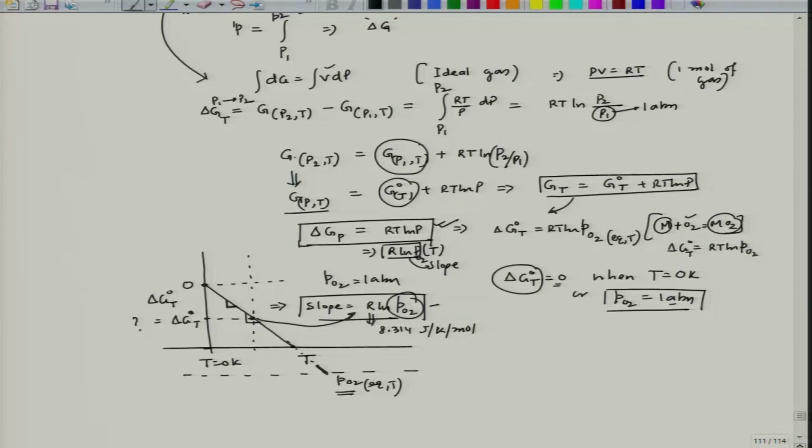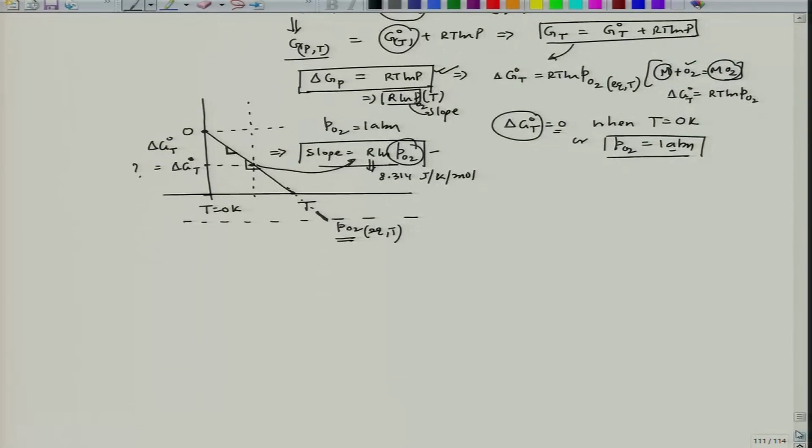So the same principle is applied here. Now, if I draw a diagram again, this is 0 K, this is temperature.